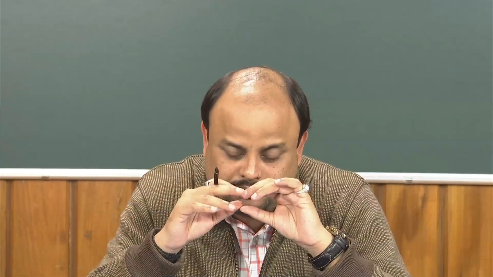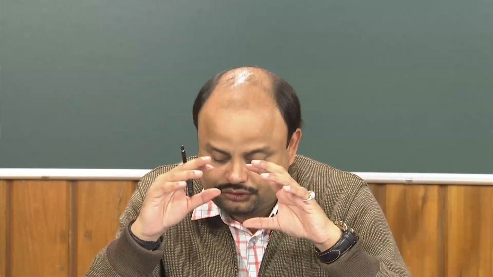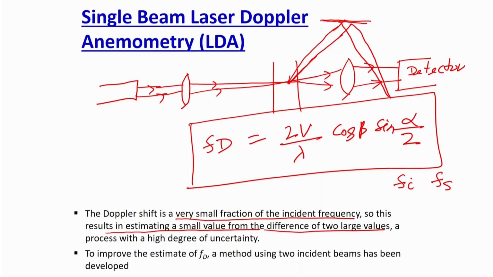So, you are getting the Fd by subtracting two very big values. Okay. So, what will it do? It will make the result uncertain. Okay. Why? Because there can be inaccuracy generated because of the way it has been calculated, and the process generates a high degree of uncertainty in your velocity measurement.